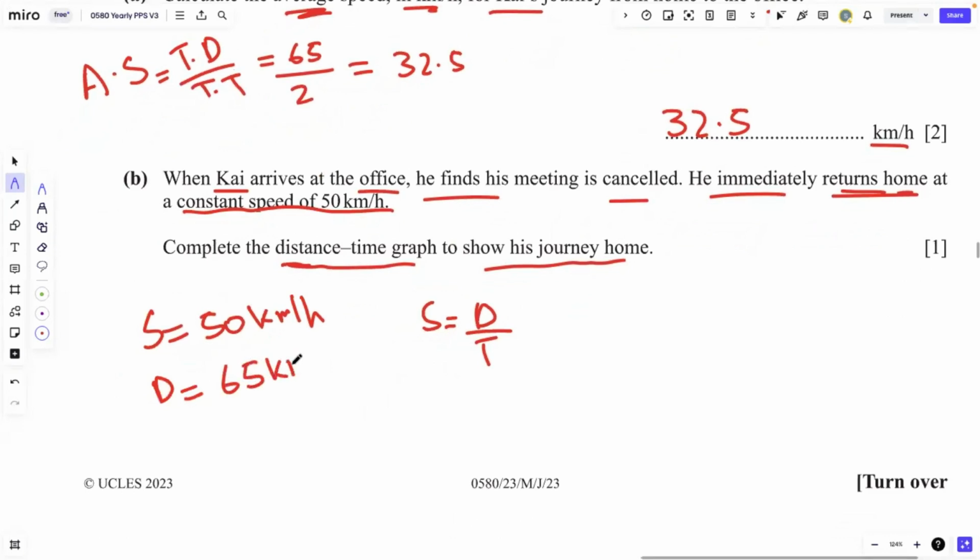From home to office is 65 kilometers, so from office to home would also be 65 kilometers. What we do not know is the time, but we can work around it by making time the subject. So that's going to be distance over speed. That's 65 upon 50. That's going to give us 1.3 in hours.